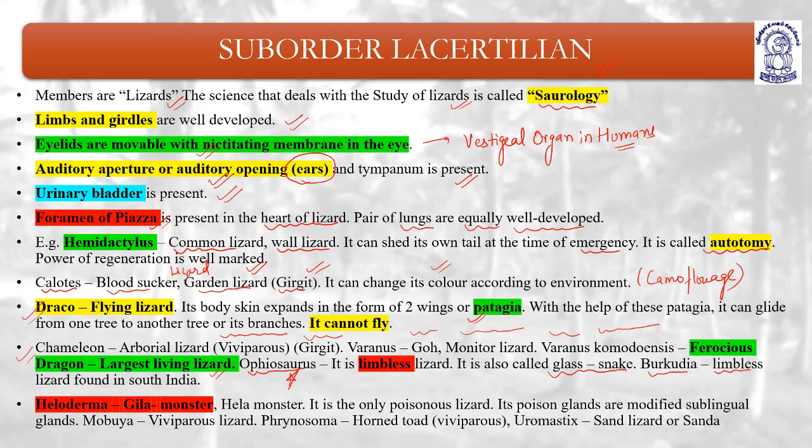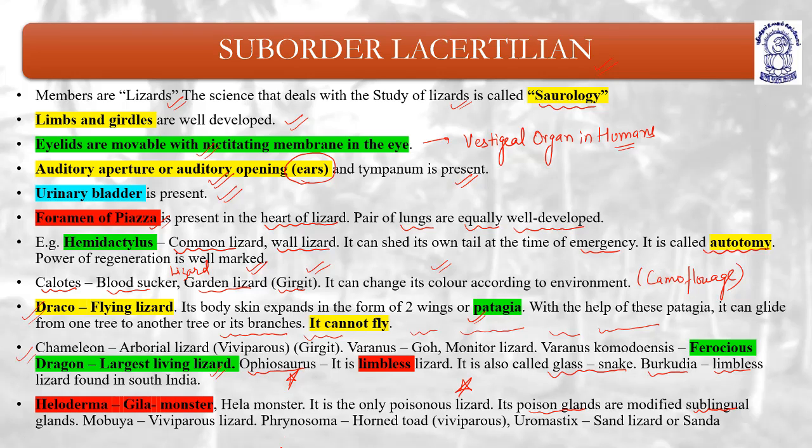Heloderma, also known as Gila monster, is the only poisonous lizard. The poison glands are modified sublingual glands. Mabuya is a viviparous lizard.